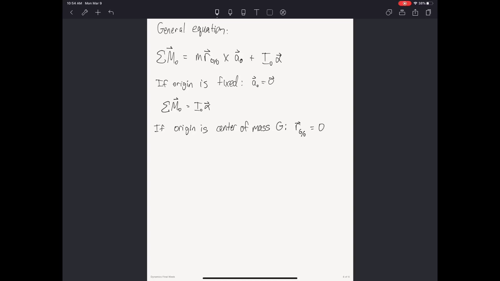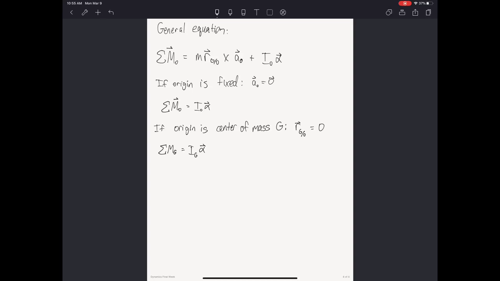If that's the 0 vector, then we get almost the same result as before. Since the origin is point G, the sum of the moments about the center of mass is equal to the moment of inertia about the center of mass times alpha. For this one, that first term was 0, but for a slightly different reason.